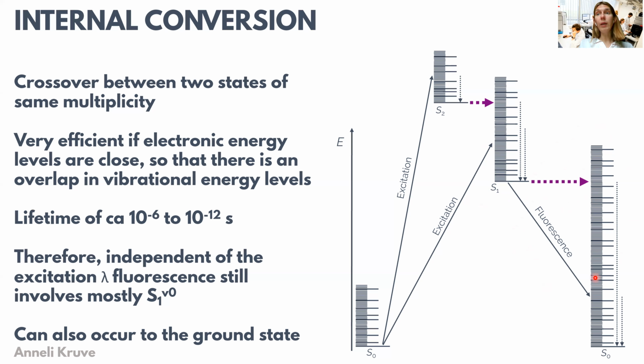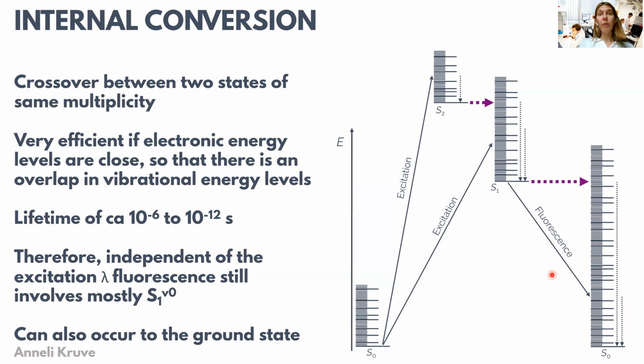So if the molecule has a very wide vibrational excitation levels on the ground state, like depicted here, then it is possible that the electronically excited S1 V0 also converts with an internal conversion to the S0 and corresponding vibrationally excited state here. And this is, of course, competing with the fluorescence.